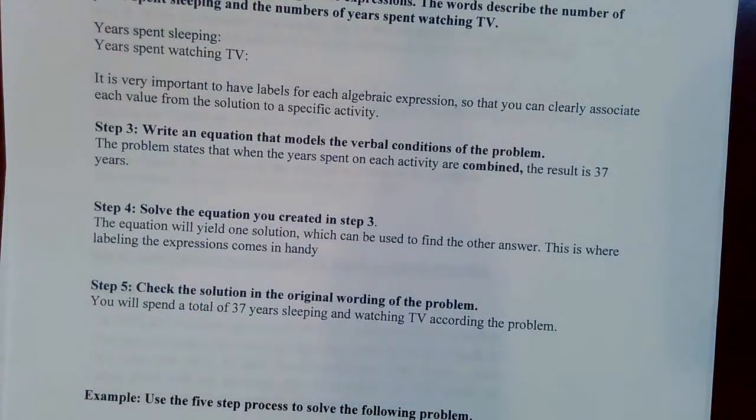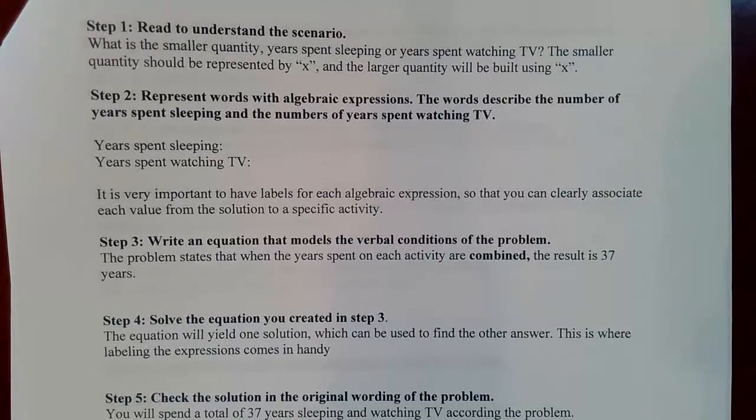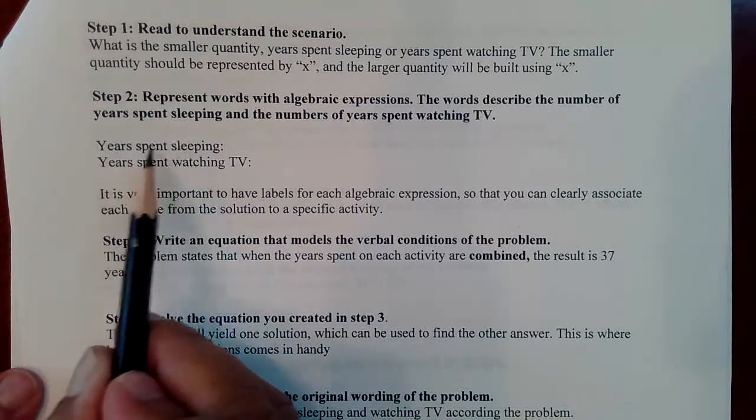Okay, so on the next page, just kind of guiding you through these problem-based scenarios. What is the smaller quantity? Years spent sleeping or years spent watching TV? The smaller quantity should be represented by x, and the larger one should be represented or built using that x. So we've already discussed on the previous page that you're going to spend more time sleeping.